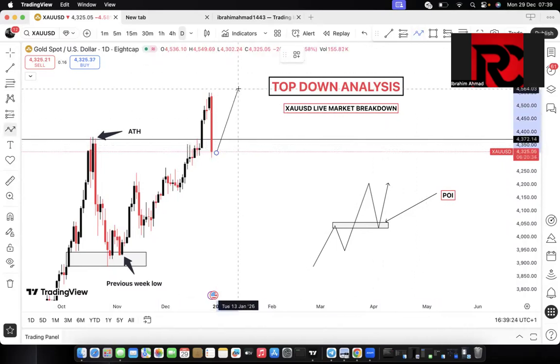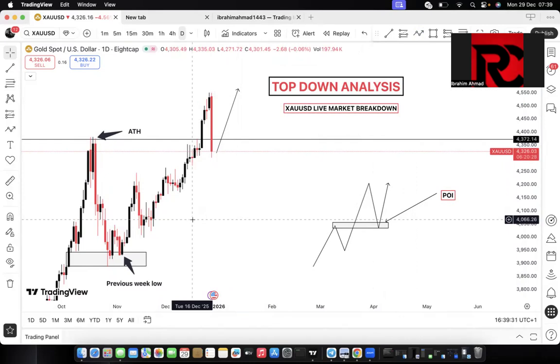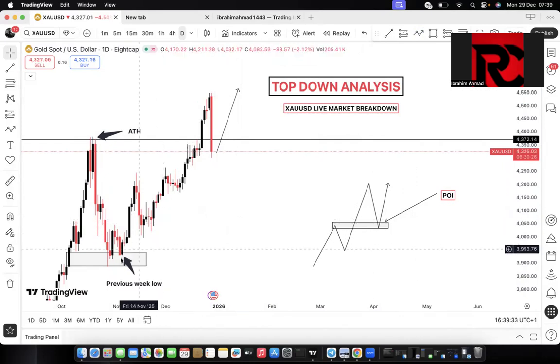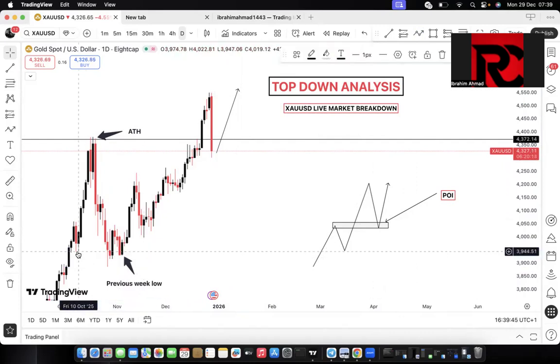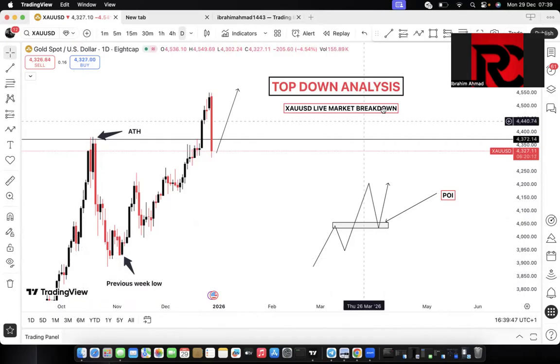The last swing trade we caught was on the 6th of November. This was where we analyzed the market on the daily time frame, and we used this fair value gap as our point of interest.